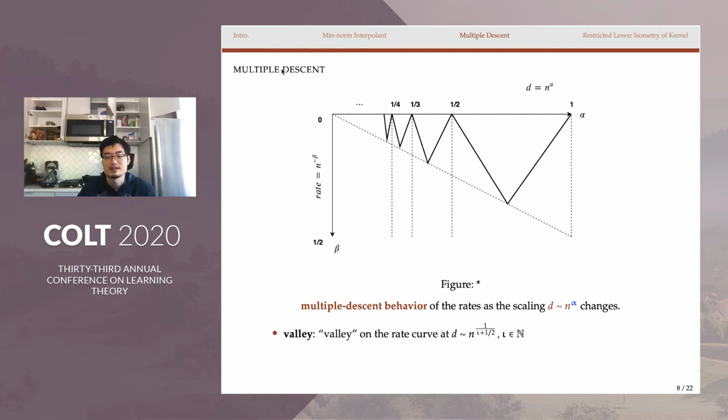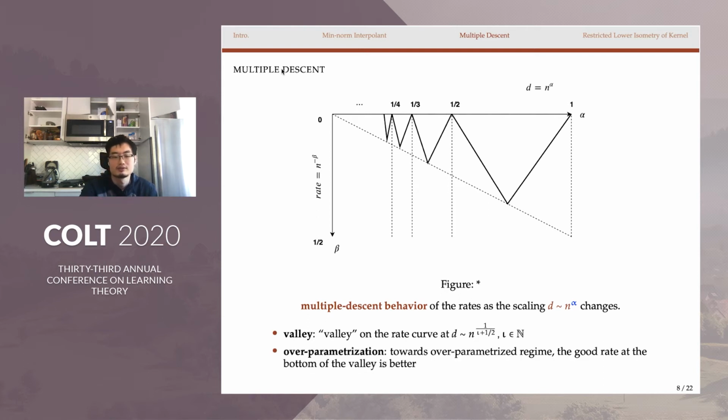We can see that the valley on the rate curve occurs at d roughly this power of n. We can also see the trend that towards the large-alpha regime, the rate at the bottom of the valley is better.